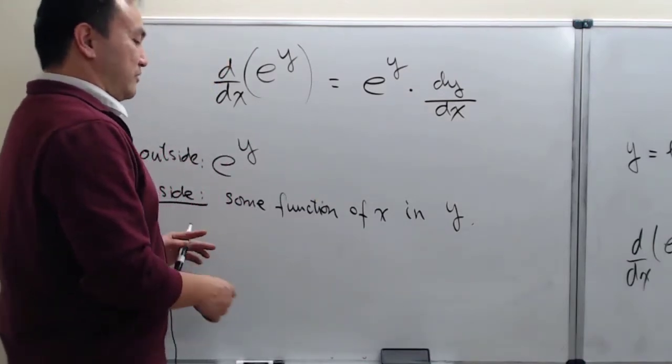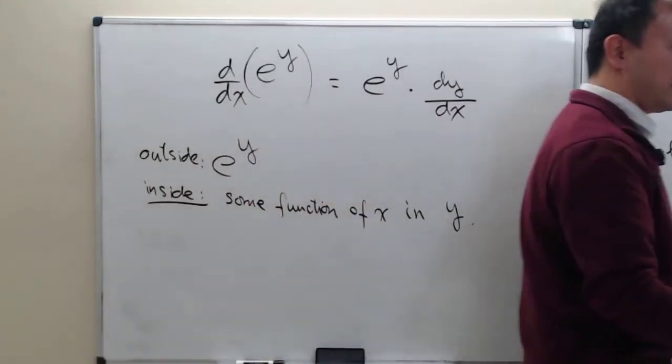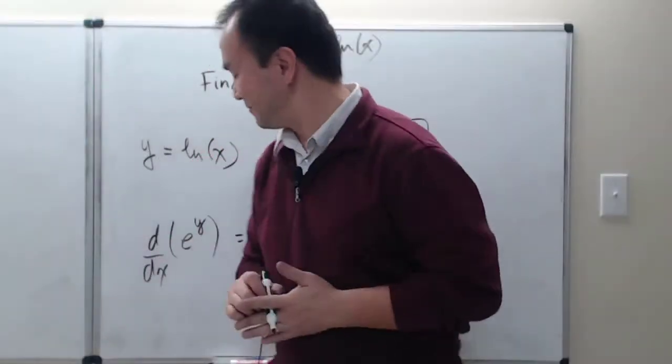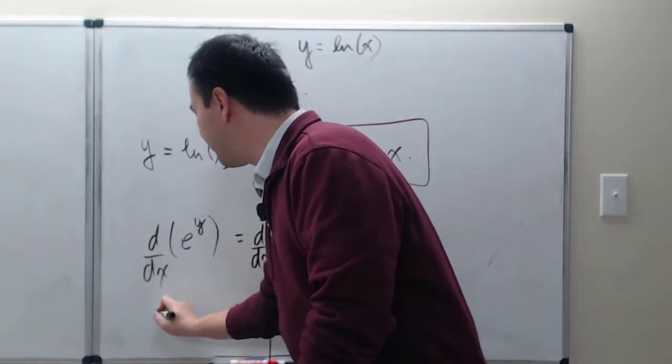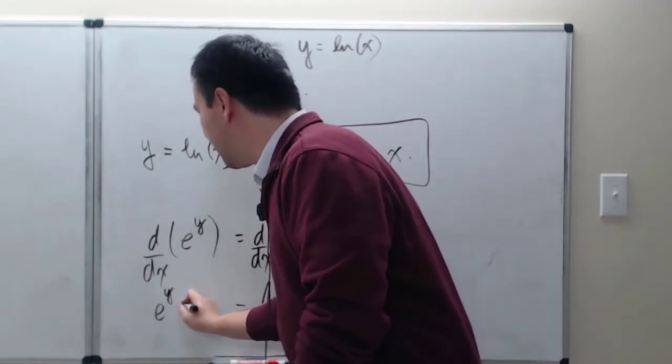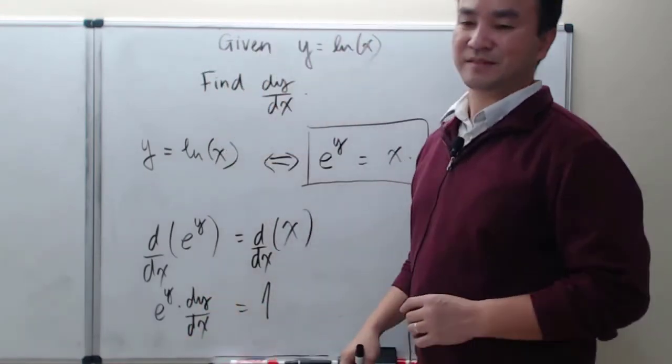And so now I'm going to put all that back into my other board. So this term on the left-hand side produces e to the y times dy dx.